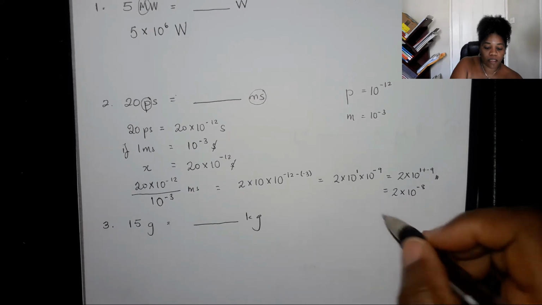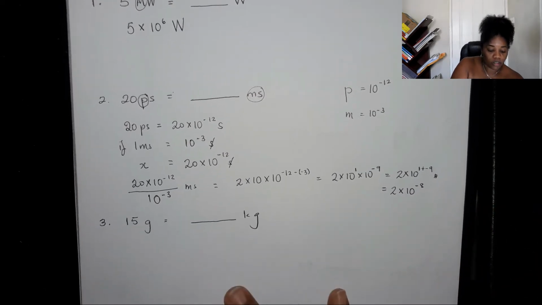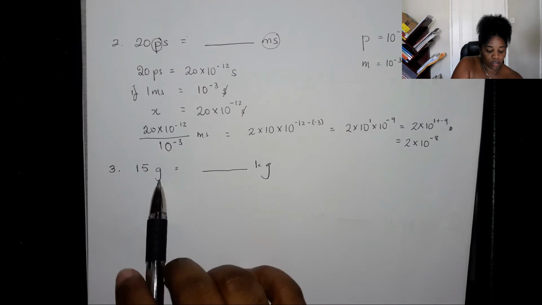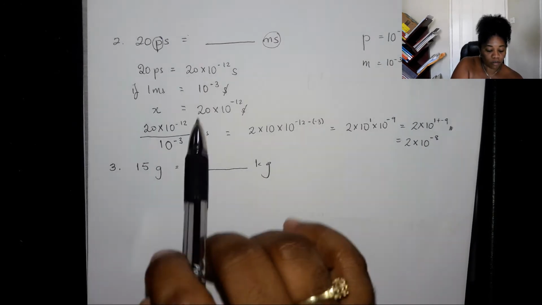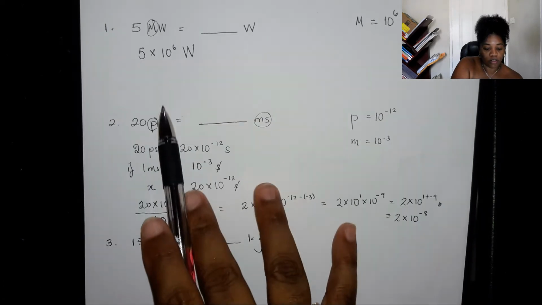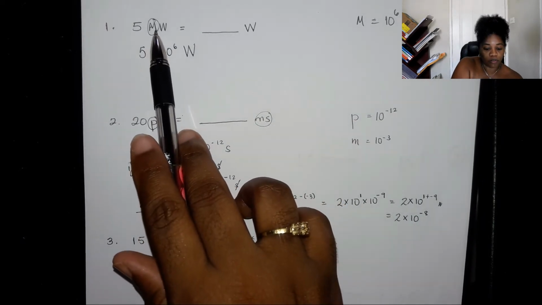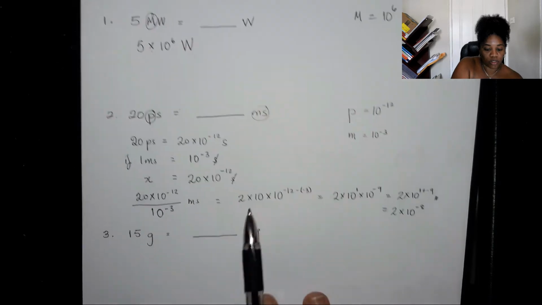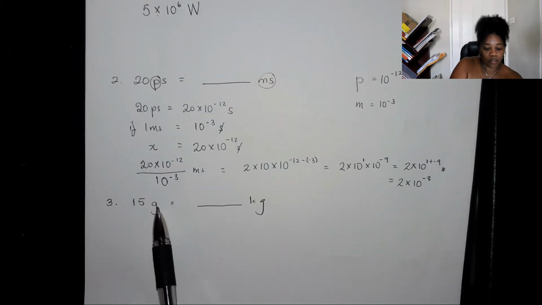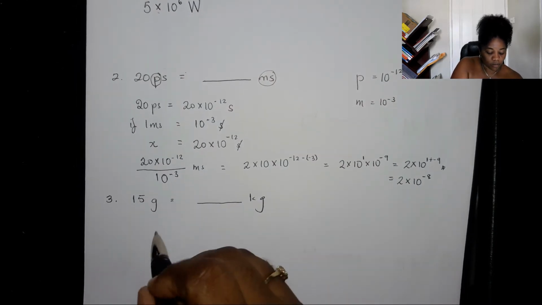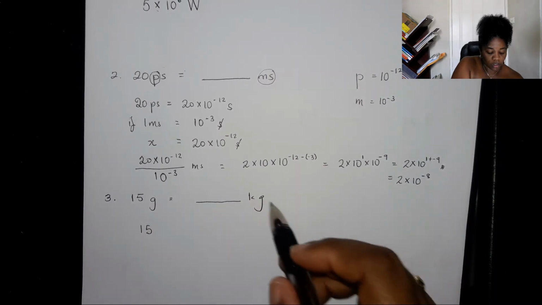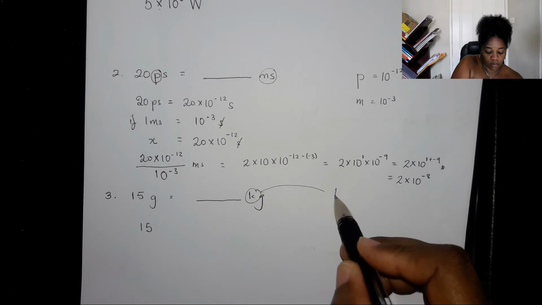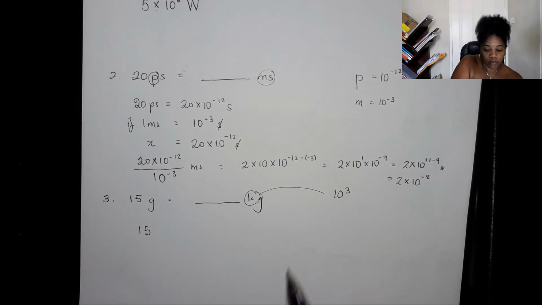Okay? Now this one is going from an uncoined to a coined unit. And remember, just like up here we multiplied going from coined to uncoined, we would do the opposite going from uncoined to coined: you divide. So in this case, you will have 15 divided by, remember your kilo is equal to 10 to the 3.